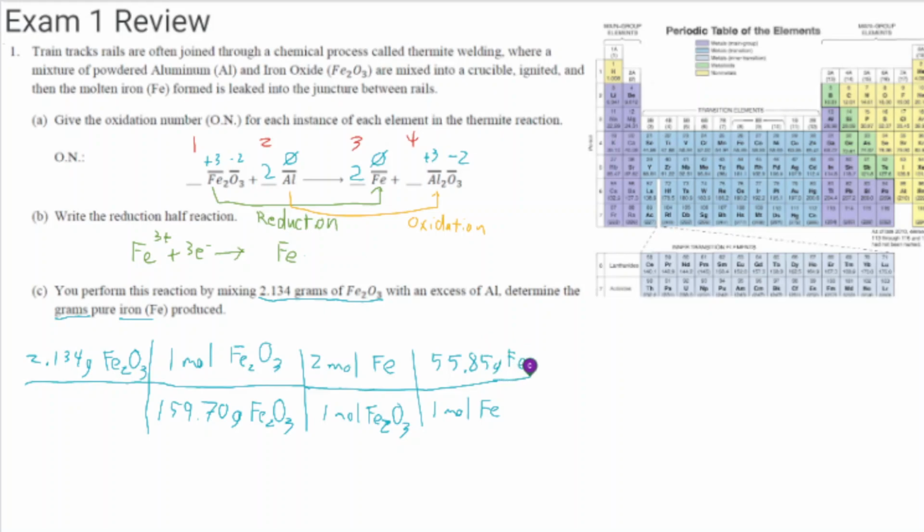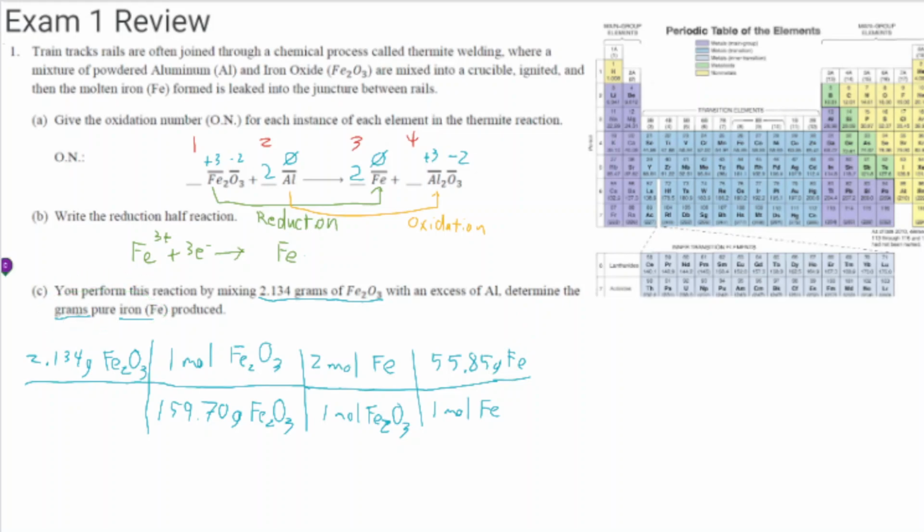All right, at this point we want to double check all of our units to make sure that we have the desired species. Grams of iron oxide on top, grams of iron oxide on bottom, those cancel out. Moles of iron oxide on top and bottom cancel out. Moles of iron on top and bottom cancel out. Now we have grams of iron on top and nothing to cancel out, so that's our unit, grams of iron, and that's actually what we're looking for. So we did it right.